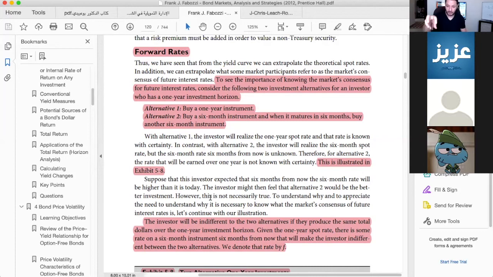Now we will use this $100 to invest it in the second alternative for 6 months, then renew for another 6 months. So you are investing in the second alternative with the money you have recuperated from the first alternative. You are not investing your own money. Now, suppose that we are at the end of the first year.